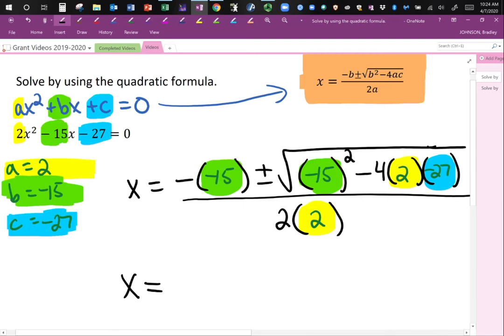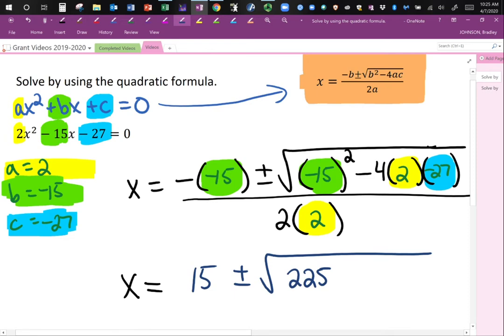Now we see in this very first part right here, we have a negative times a negative. That would give you a positive 15. Okay, negative 15 all squared, that is 225. And we have negative 4 times 2 times negative 27.